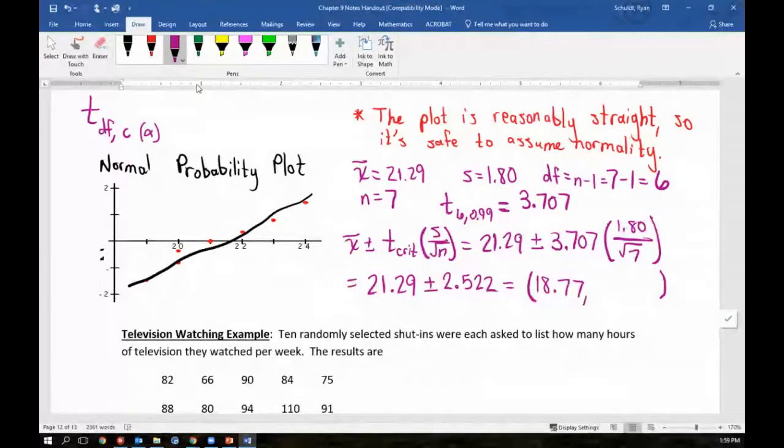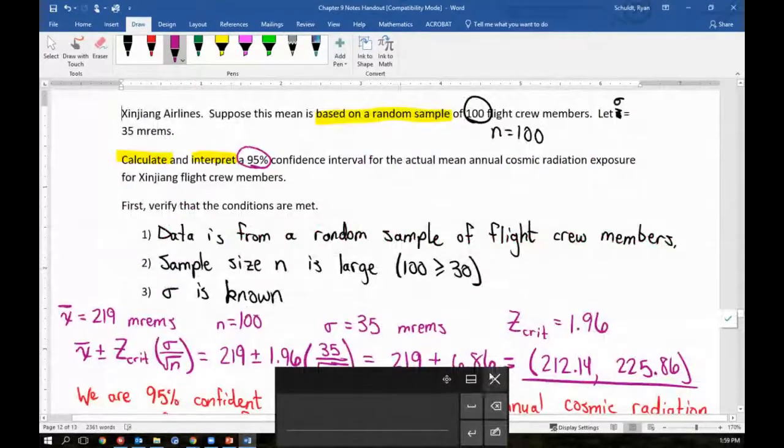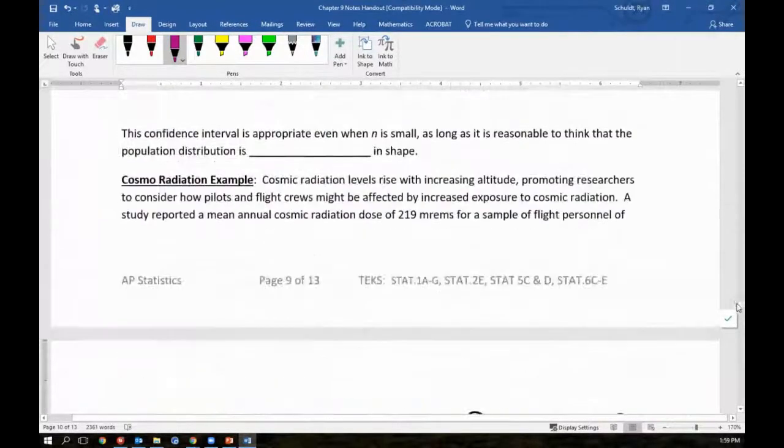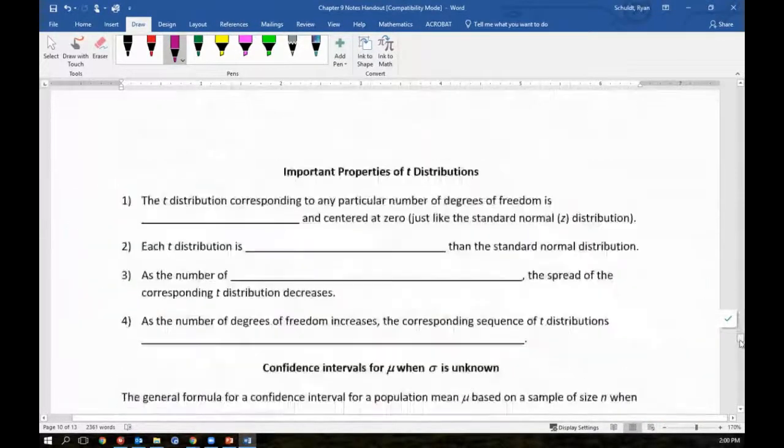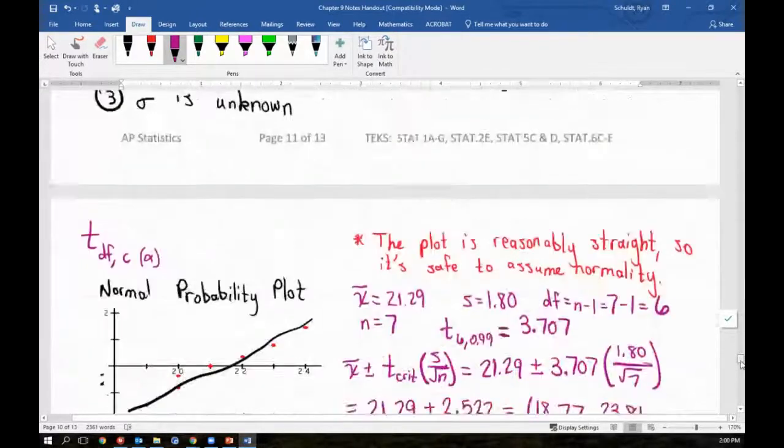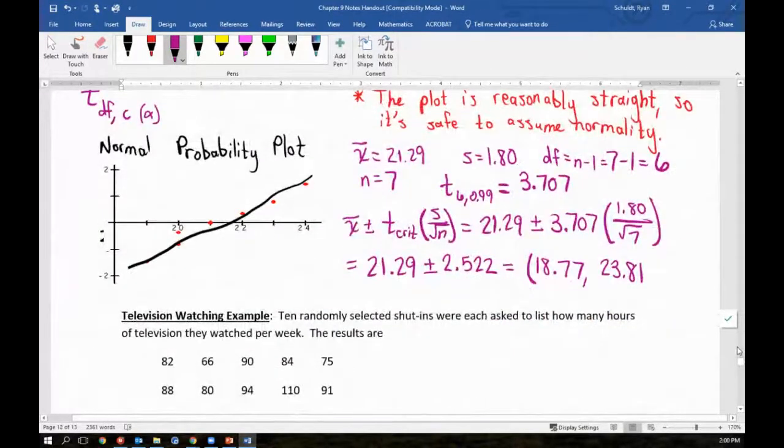And what would my upper value be? 23.81. Now ask me to interpret. Come on. So we're done with that one.